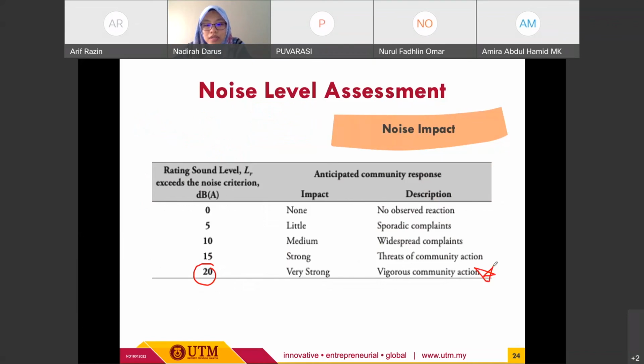So selalunya vigorous ni memang resident tu sendiri for sure akan dah complain kepada local authorities, complain to any respected parties lah, sebab dia punya impact very strong. So yang ni yang kita anticipate ataupun yang kita predict. Okay. So that during the actual construction, kita cuba mitigate ataupun avoid this kind of situation.